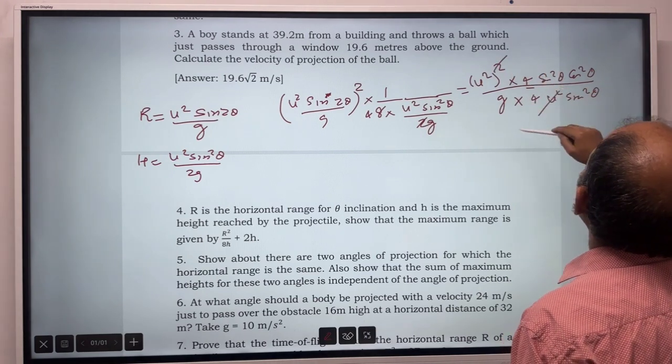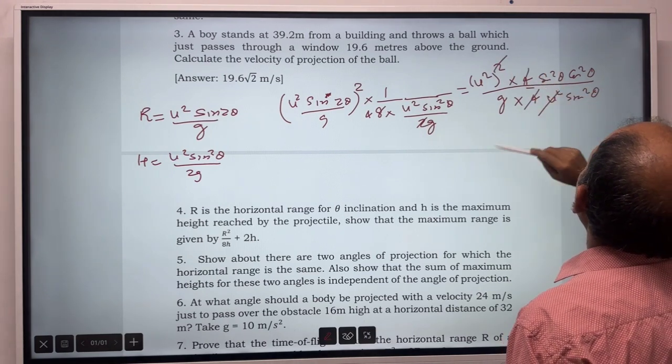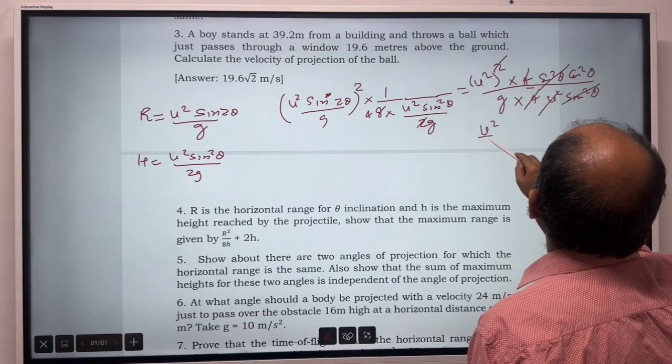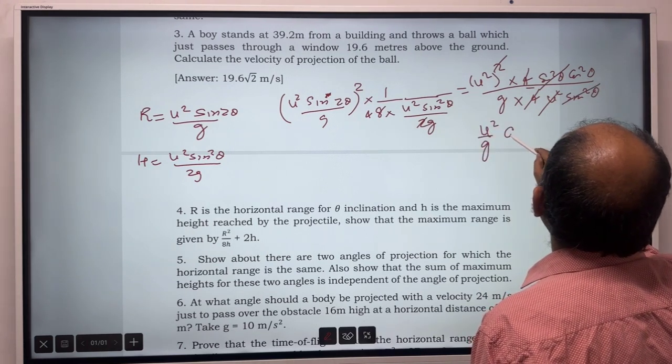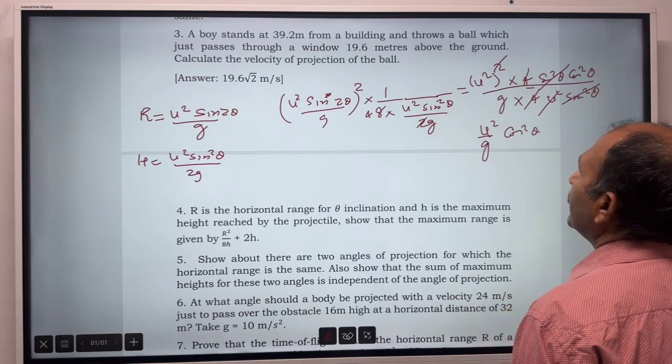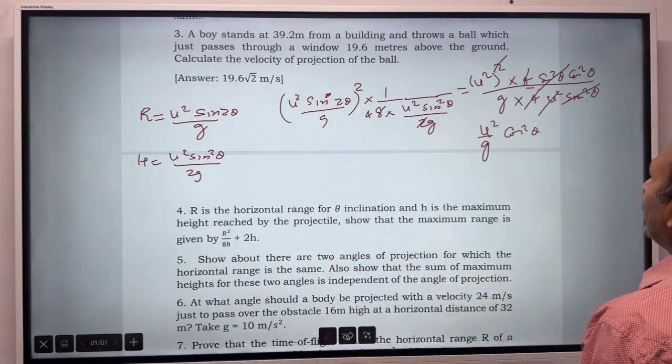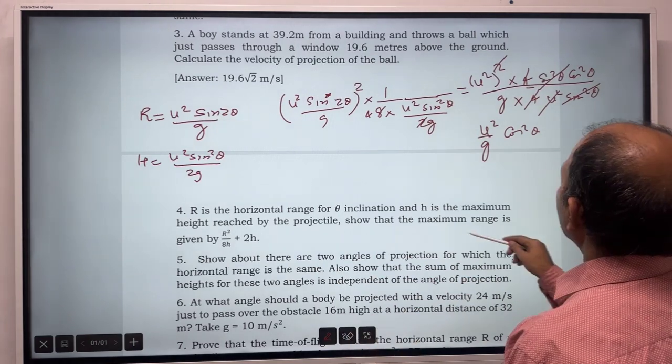So 1 u square will cancel out from here, 4 will cancel out from here, sine square theta will cancel out here, so u square upon g times cos square theta will be left. So this is the value of R square upon 8h plus 2h.